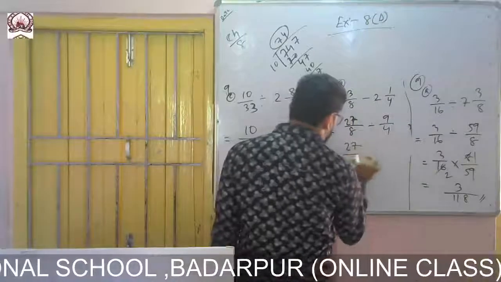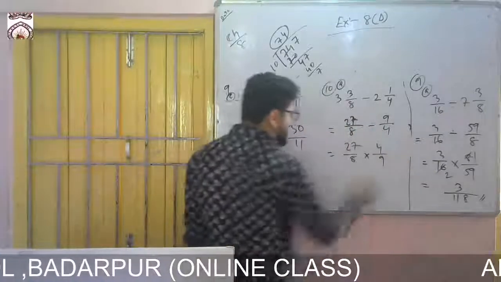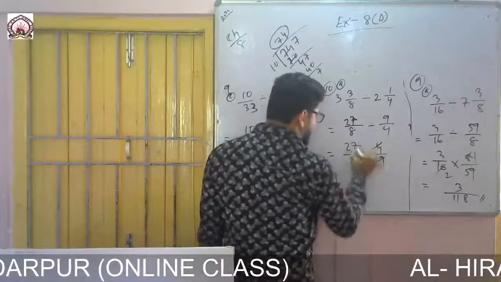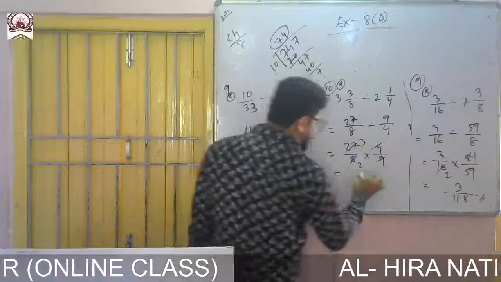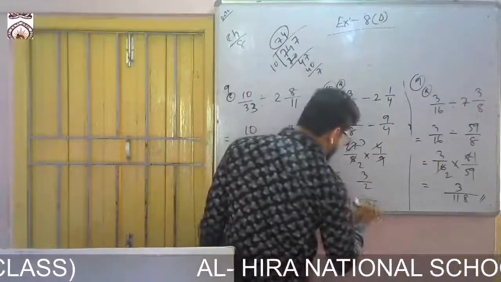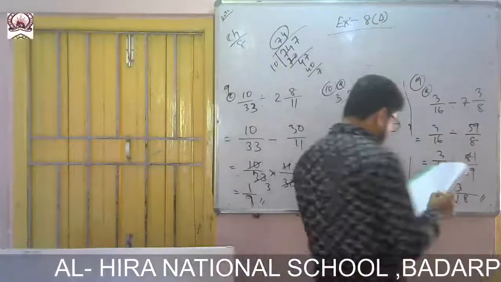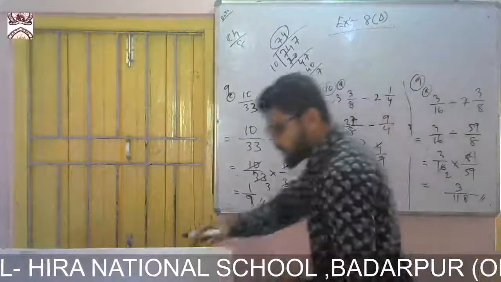So 27 by 8 into 4 by 9. Now we cancel. 4 2s are 8, 9 3s are 27. So remain 3 by 2. So 3 by 2 I can write in mixed fraction like this: 1 1 by 2.